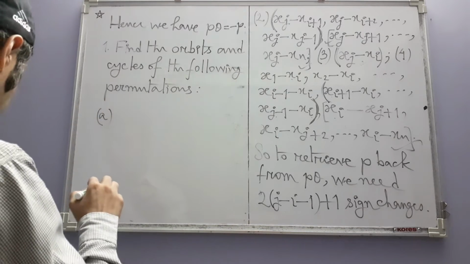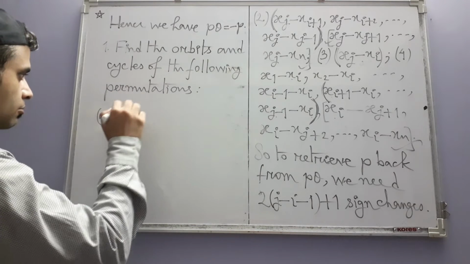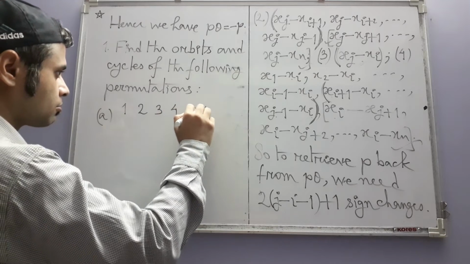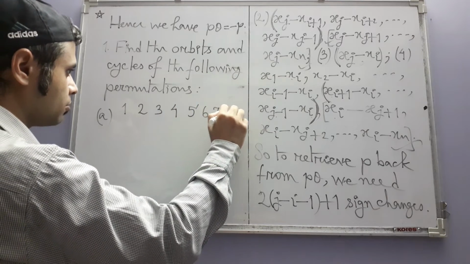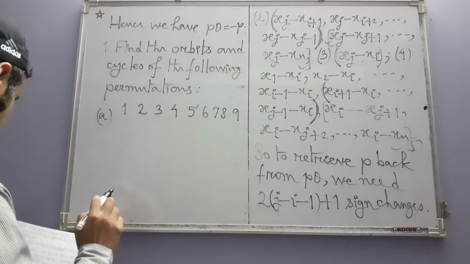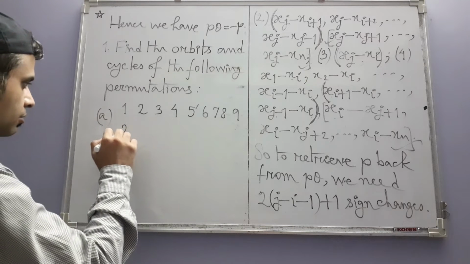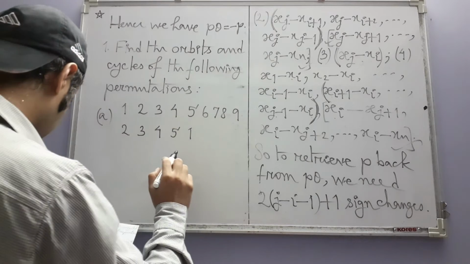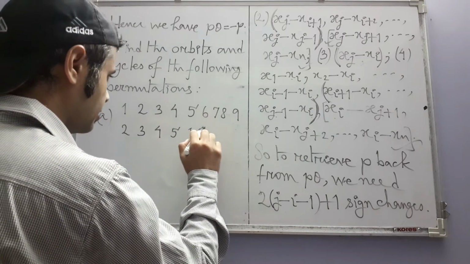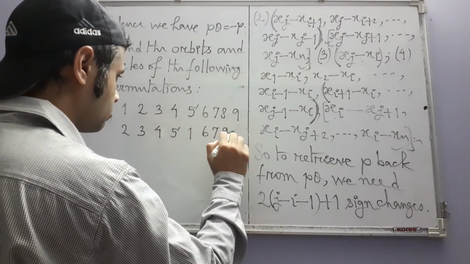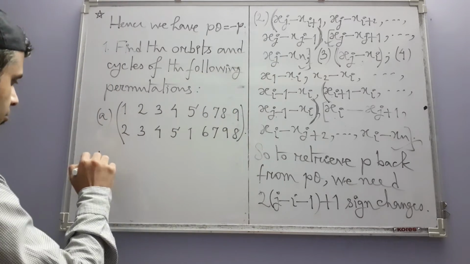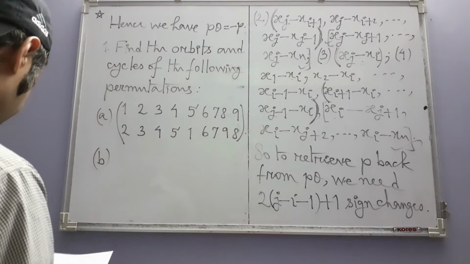The first one is this. Oh, it's long. 2, 3, 4, 5, 1. Six, 7, 9, 8. B.